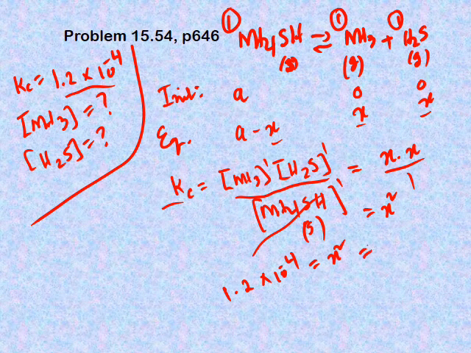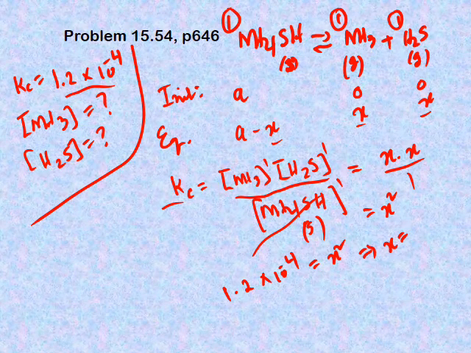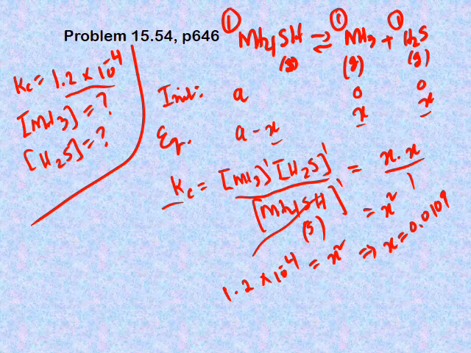So from here, taking the square root of both sides, you get X equals 0.0109, and I can round off to 0.011. And that's the concentration of NH3 and H2S.